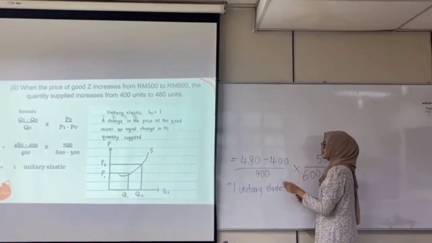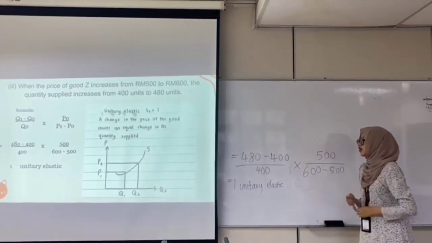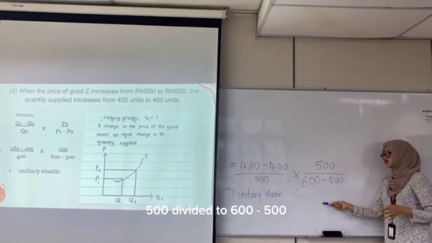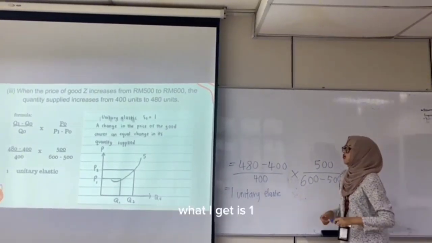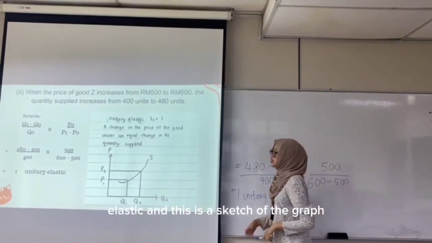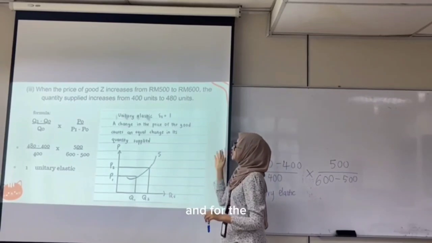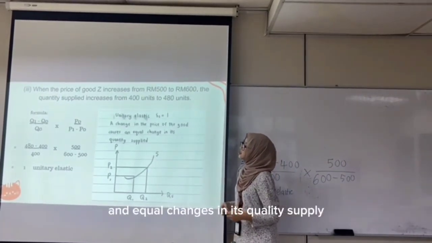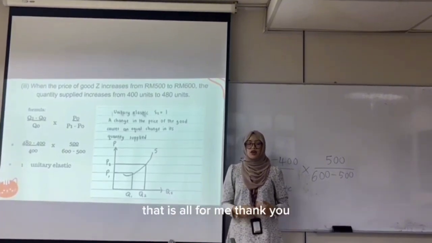It's 480 minus 400 divided by 400, multiplied by 500 divided by 600 minus 500. What I get is 1, which is unitary elastic, and this is the sketch of the graph. The change in the price of the good causes equal changes in its quantity supplied. That is all from me.